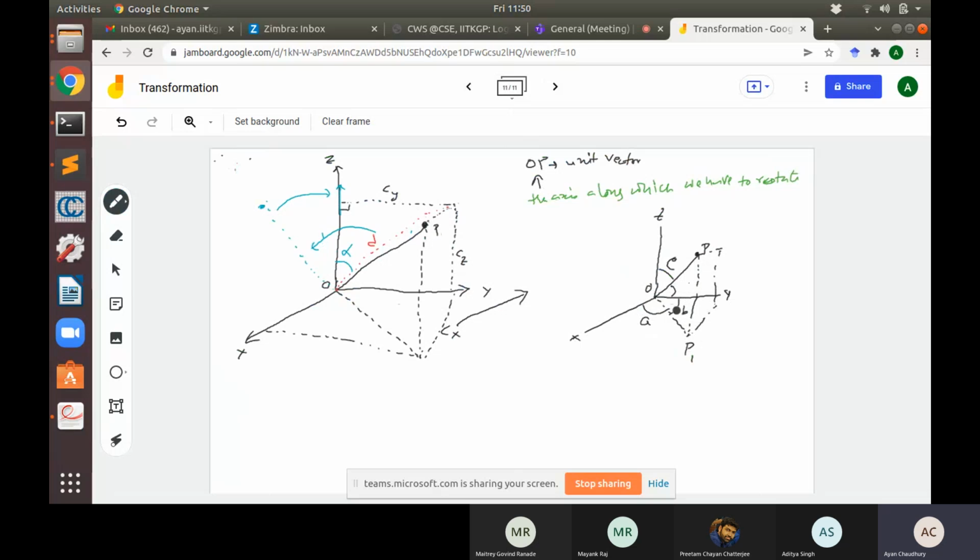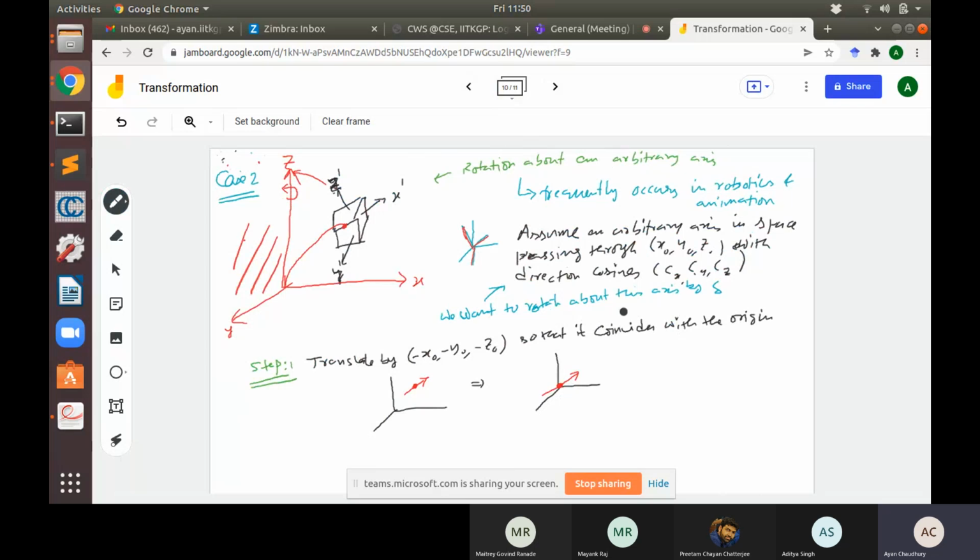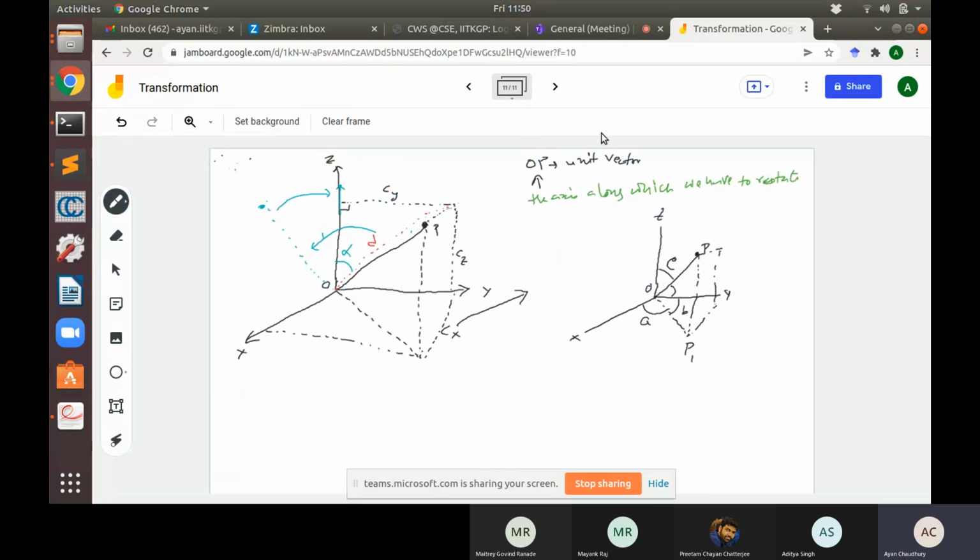So we have taken a projection, and then we are trying to get the direction cosines. My direction cosines were Cx, Cy, and Cz. So what is Cx? Cx is the cosine of the angle between the axis and the vector, so cos A. Now from this geometry, how can we compute this? Just connect this part and call it P2. This angle is A, and this is a right angle triangle.